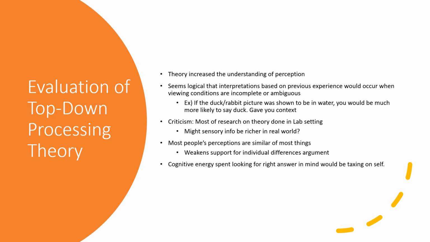And then the cognitive energy that top-down processing says occurs, being spent looking for the right answer in our mind, would be taxing on the self. And so we most likely use a combination of both, both bottom-up and top-down processing.